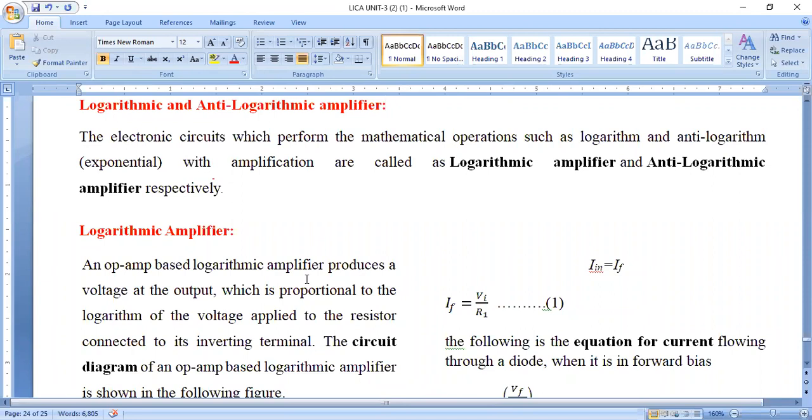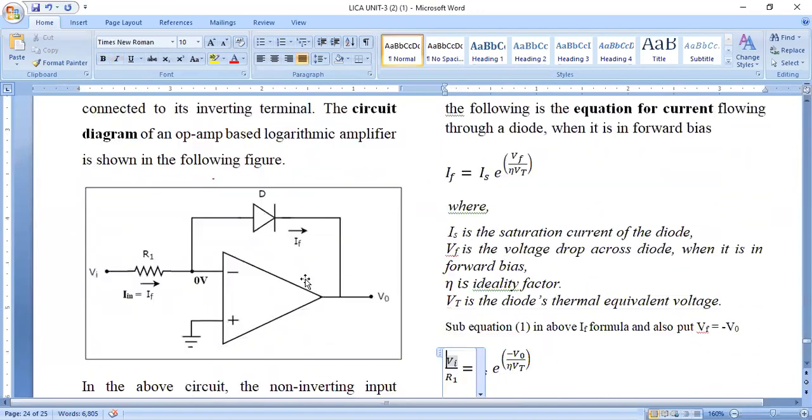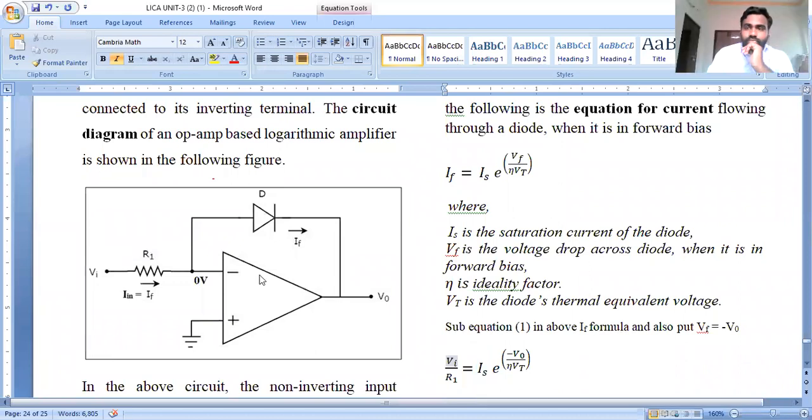So how do we design this logarithmic amplifier? In this circuit analysis, we can clearly see how to design a logarithmic amplifier. This is nothing but an inverting type operational amplifier.